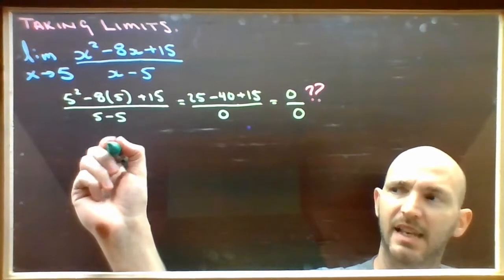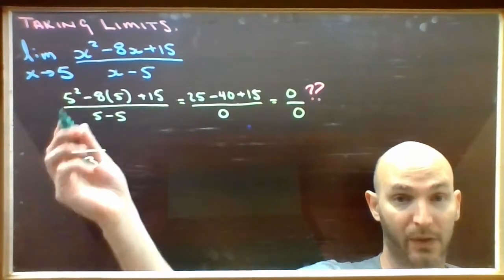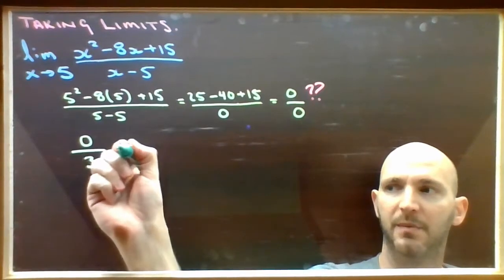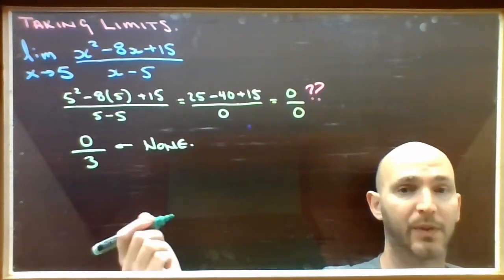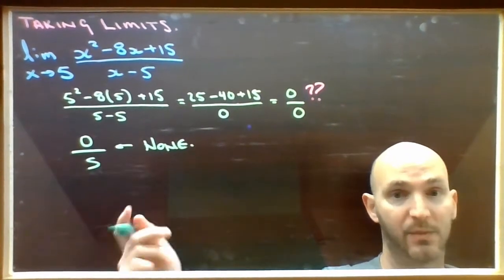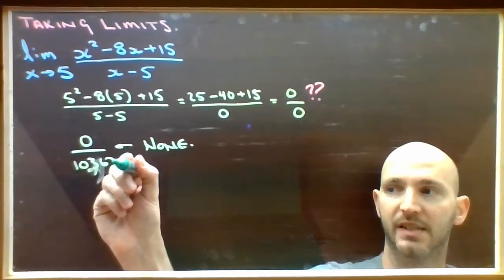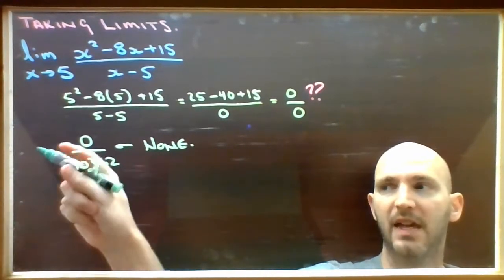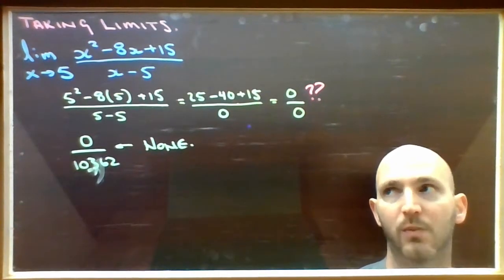If you have a fraction like thirds, if you put a 0 on the top there, that's none. Right? 0 thirds is worth nothing. 0 fifths is worth none. 0 over 10,362 is 0. If you put a 0 in the top of a fraction, it's always worth nothing.